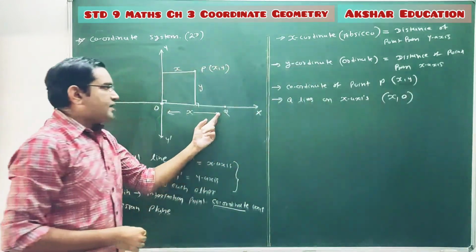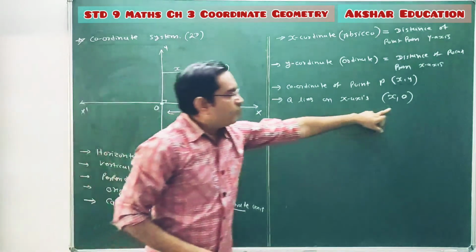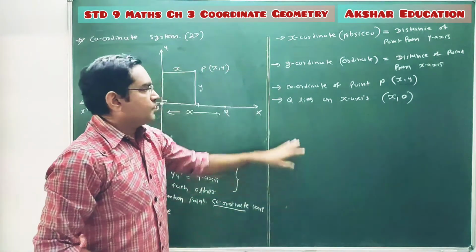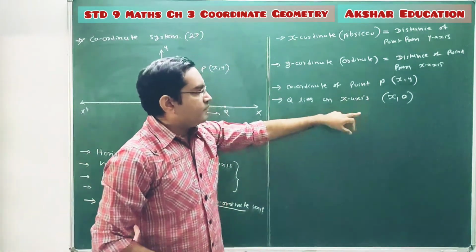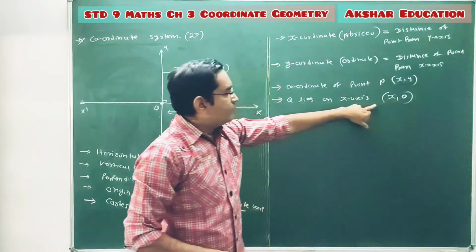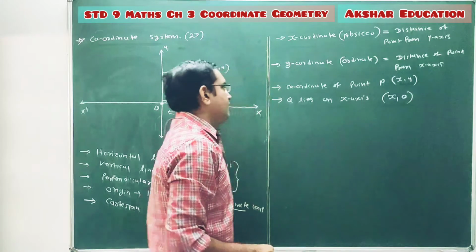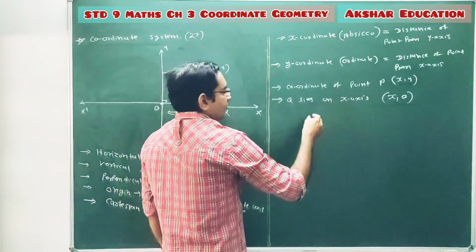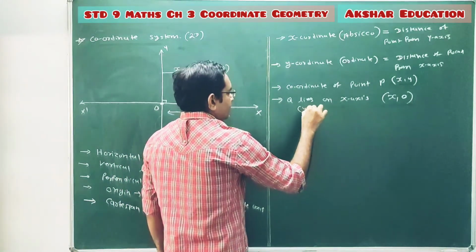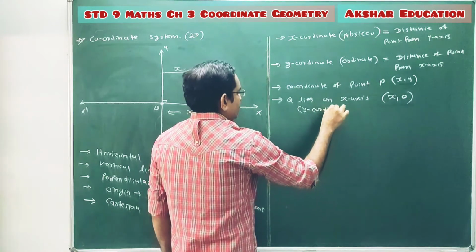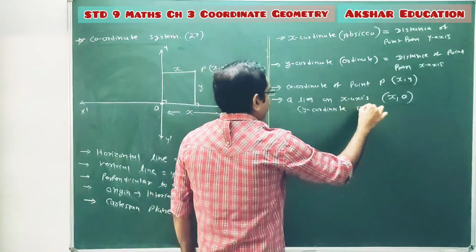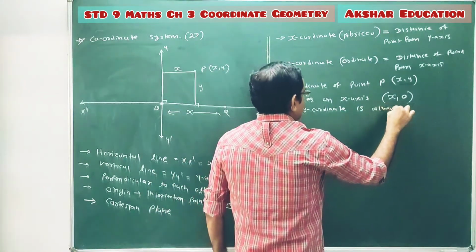So the y coordinate is always 0. Q lies on the x-axis, and that's why the location of that point Q is x comma 0. The y coordinate will be 0.